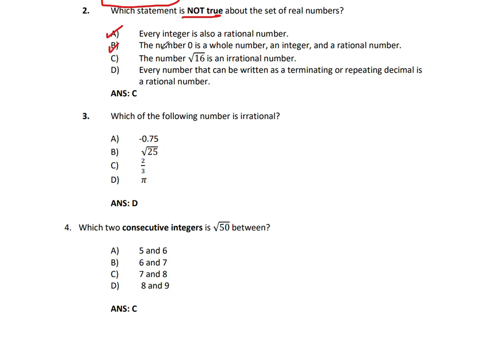And let's talk about B. The number 0 is a whole number. Yes, it is a whole number as we defined a whole number earlier.